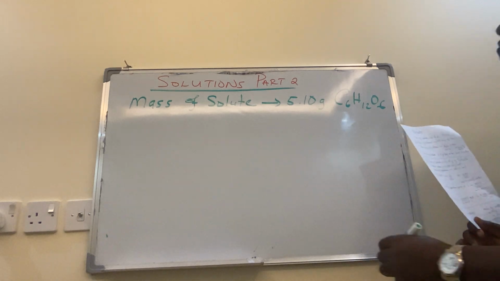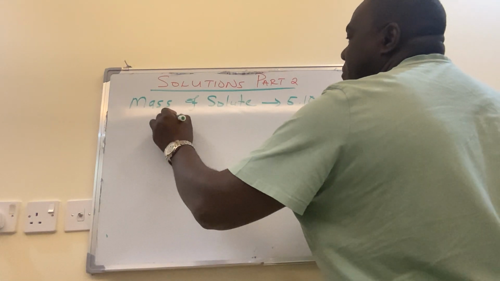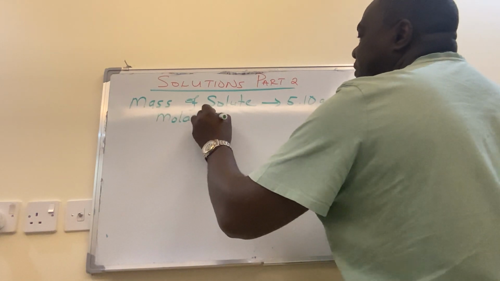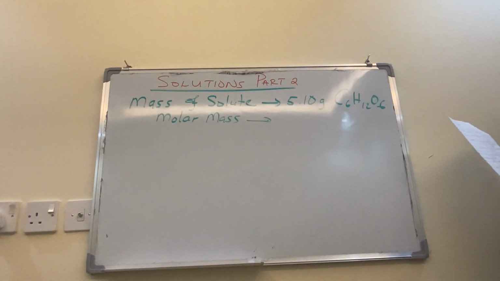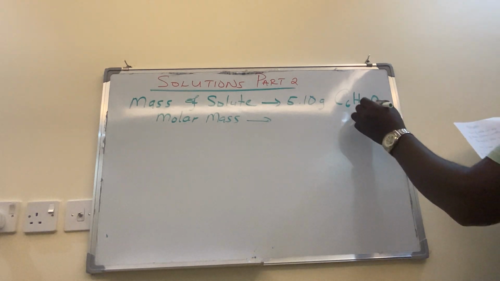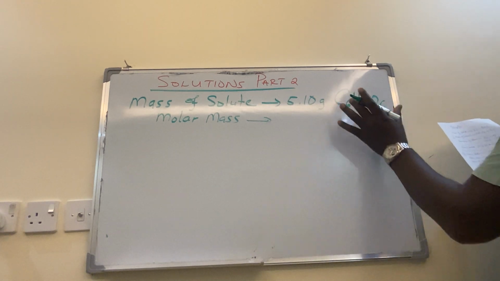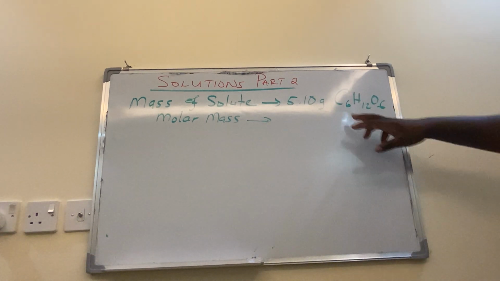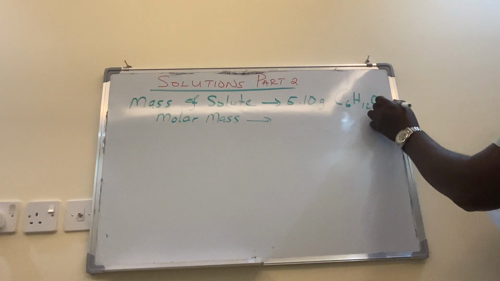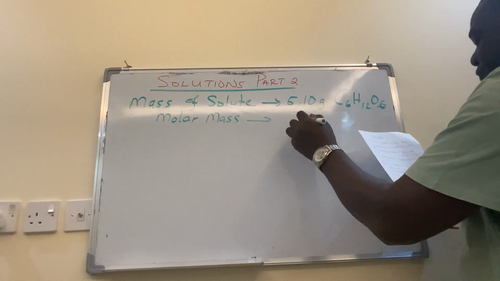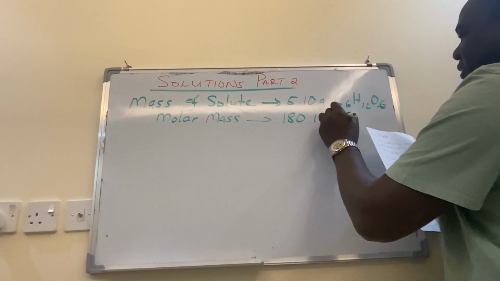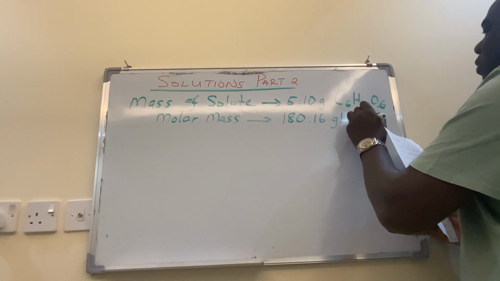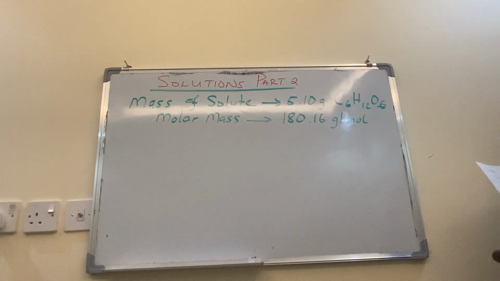And obviously for us to calculate the number of moles, we are supposed to find the molar mass. I suppose you still remember how to calculate molar mass. You need your periodic table where you're going to add up all the relative atomic masses of the elements in this compound, glucose, and when you do that, you are going to get 180.16 grams per mole. That's the molar mass of our glucose.